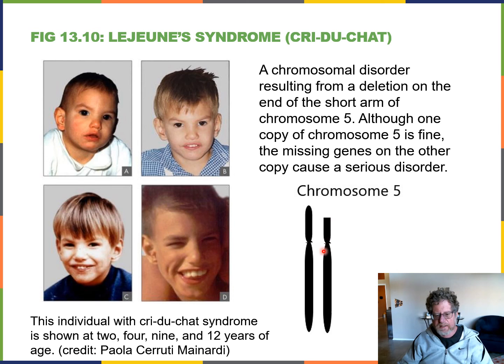And you're not missing the whole chromosome. If you're missing the whole chromosome 5, it wouldn't be survivable. Remember, there's only one surviving monosomy, having only 1 copy of the X chromosome. But the end of the short arm of chromosome 5 is deleted, and it's serious enough that it causes a serious disorder that's called Karyotype.